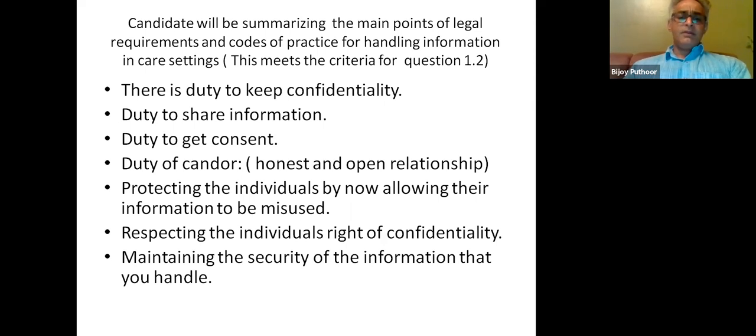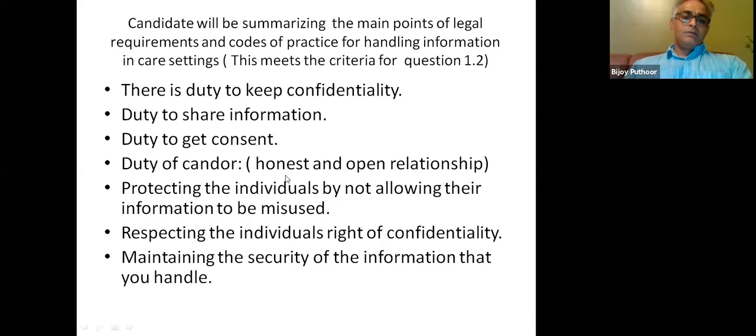Protecting individuals by not allowing their information to be misused. So we are discussing protecting the individuals by not allowing their information to be misused.